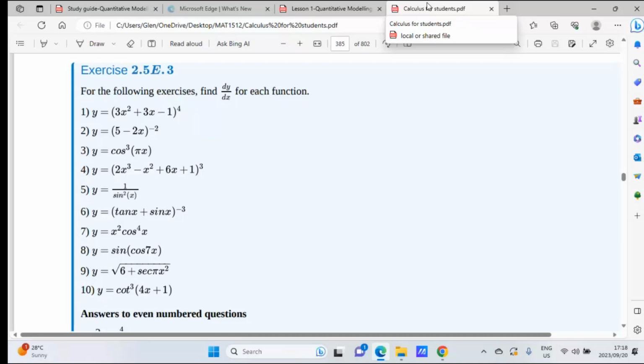Lerato, it's 6 plus sec squared pi x, yes. The denominator, square root of, yes. Okay. There is someone who's talking. Let me finish with Lerato, then you'll come in.